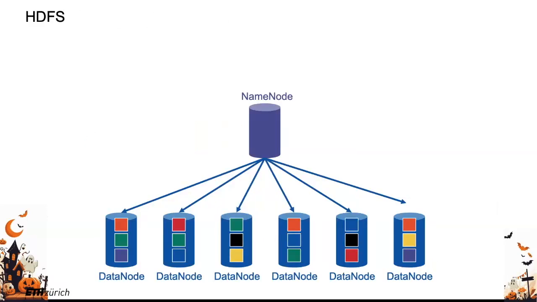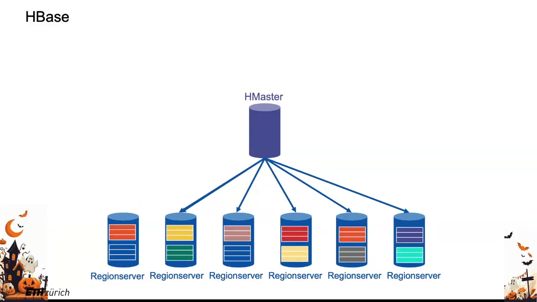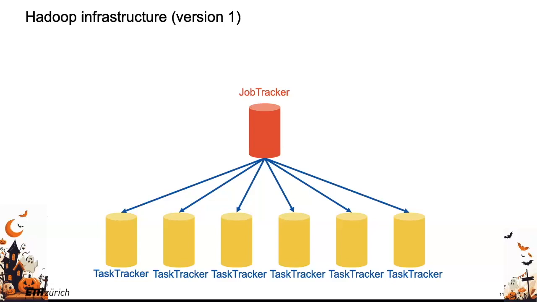So you remember the architecture, HDFS, that's the name node and the data node. You remember HBase, same centralized architecture with the HMaster and the region servers. Well, guess what? In the first version of MapReduce, it's exactly the same architecture. You just have to learn new names, that's all. But it's the same good old centralized architecture. So the coordinator node is called the job tracker, and the worker nodes are called the task trackers.